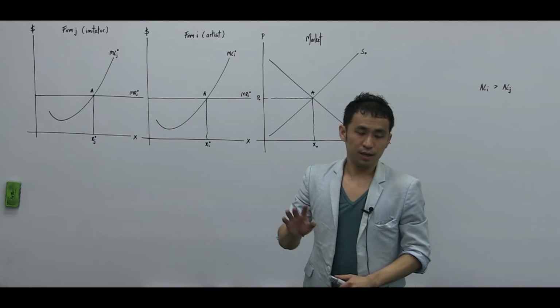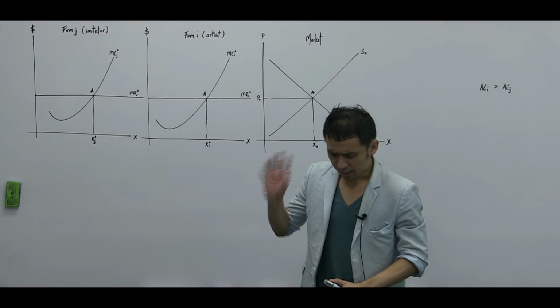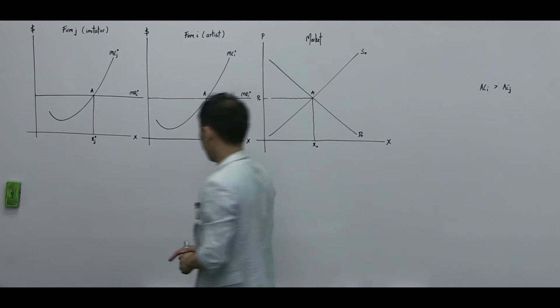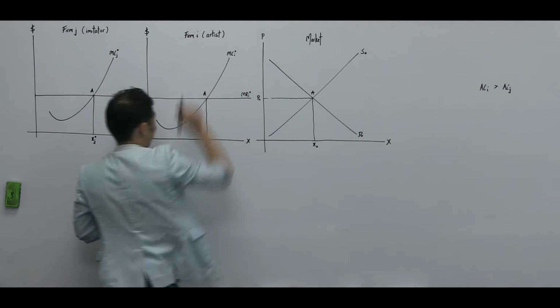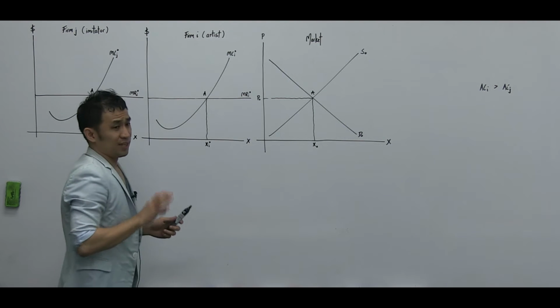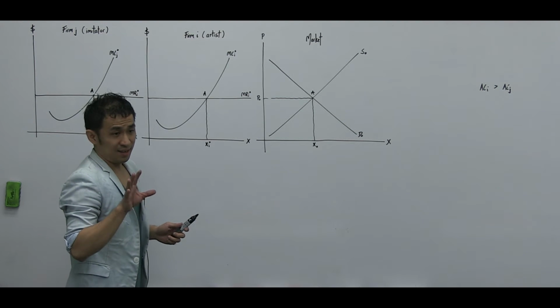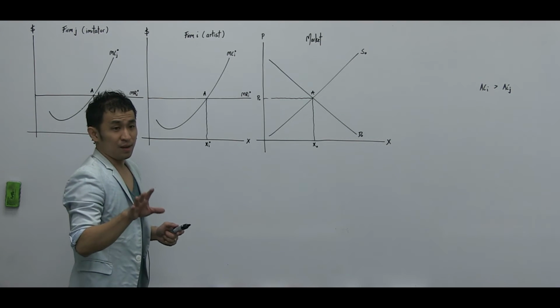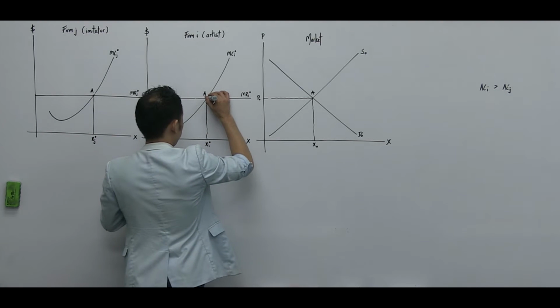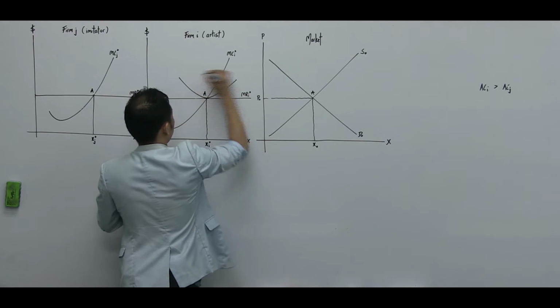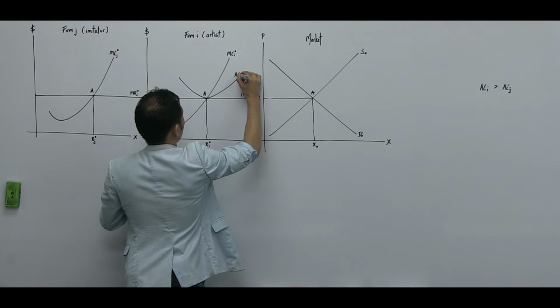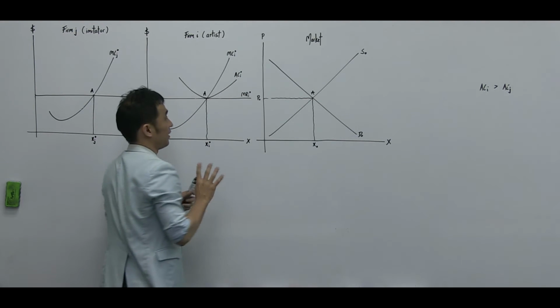I'm going to skip all the stage 1. So over here, because artist is originally in the market, I do it this way. Artist is happily making zero profit in the market now.